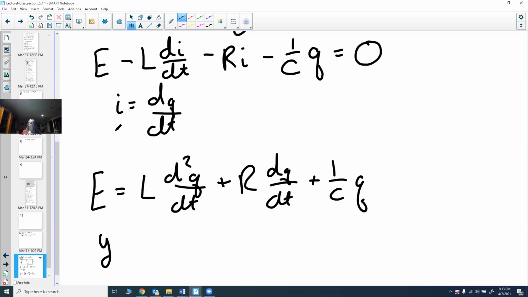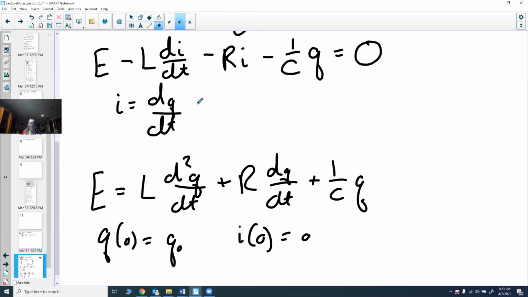You would have an initial charge. So the amount of charge you'd have initially would equal some Q0. And you also could have an initial current. Remember, current is a derivative of charge, and that would be an initial current, I0. And you can then solve this same as you would do before.